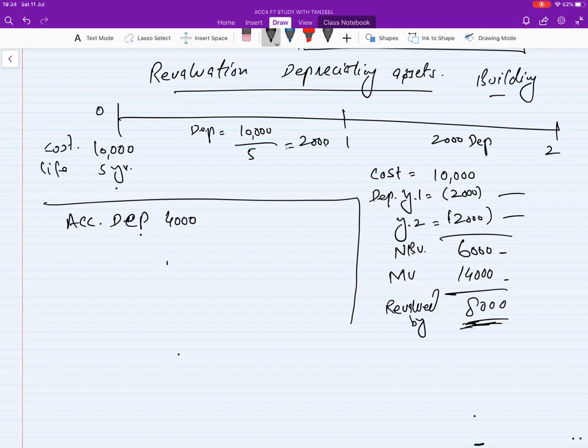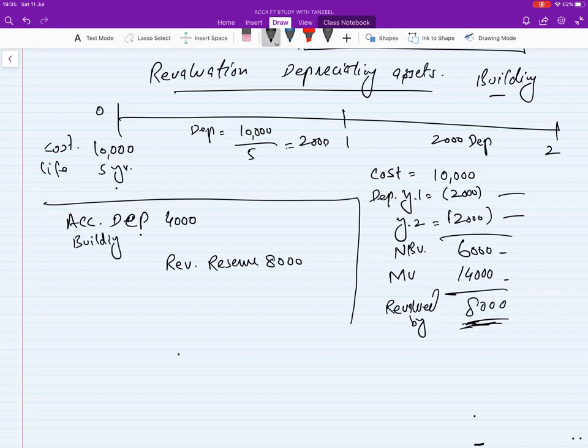It means revaluation reserve will be 8,000. You will have 8,000 in your reserve, and if there is no balance, whichever side has a difference, just put the asset in it, because of the building.